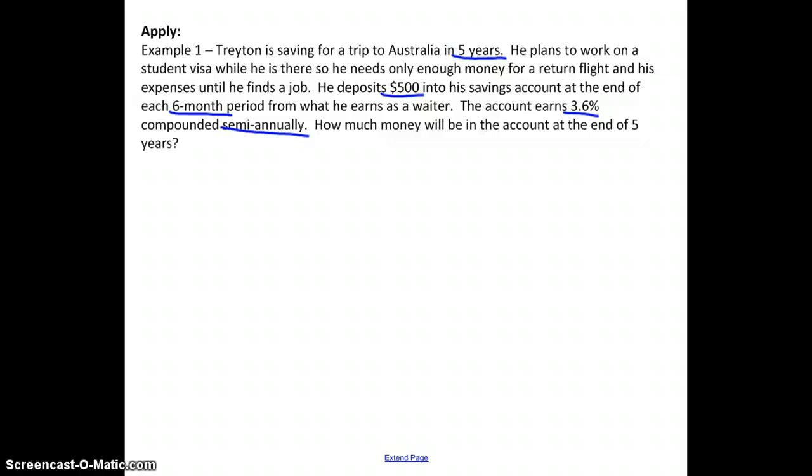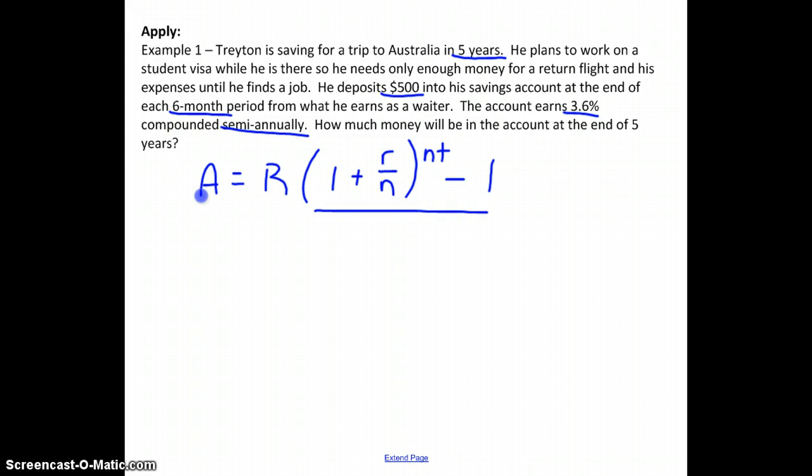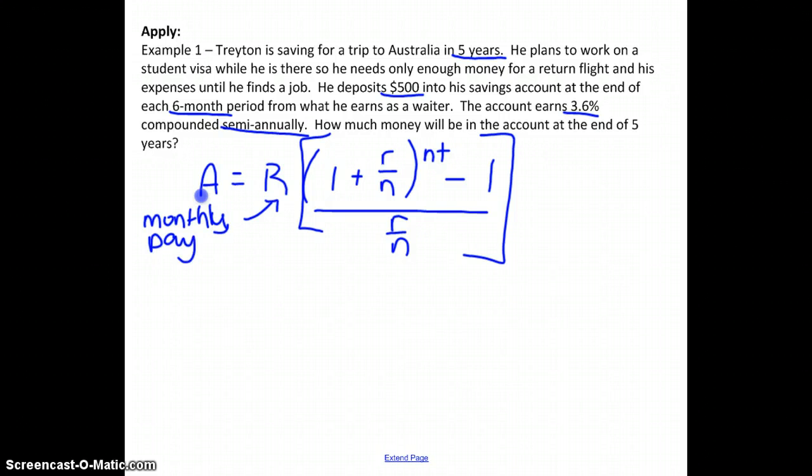So the first step would be to write down your formula. A equals R times, in brackets, 1 plus R over N to the power of N times T, minus 1, all over R over N. And this whole thing would be in brackets because we multiply it by R. Now here, R is the payment per period, and we're trying to find A, the future value.